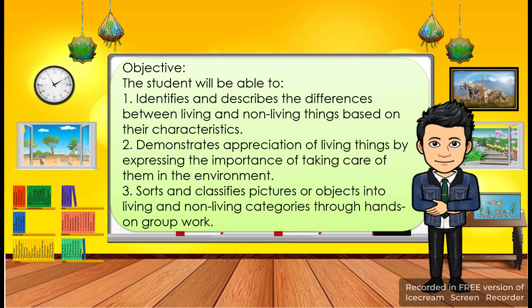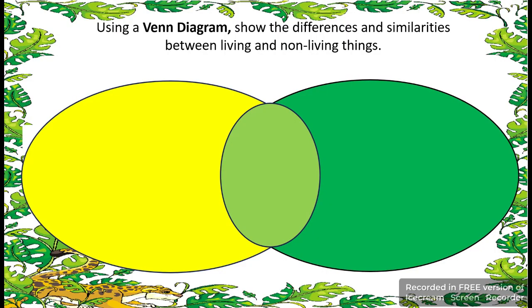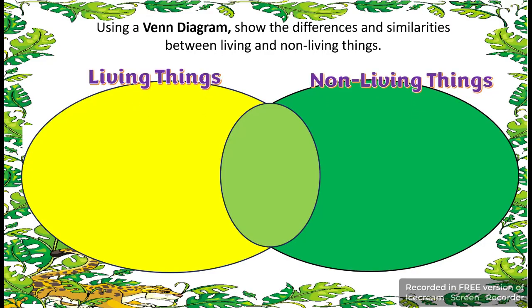Three, sort and classify objects into living and non-living categories through hands-on or group work. Using a Venn diagram, show the differences and similarities between non-living and living things.